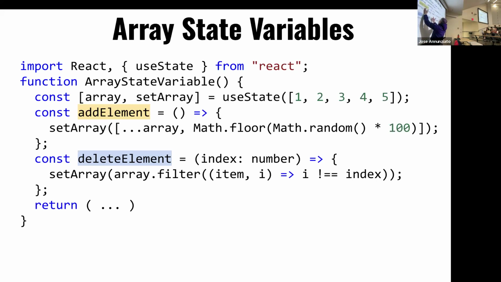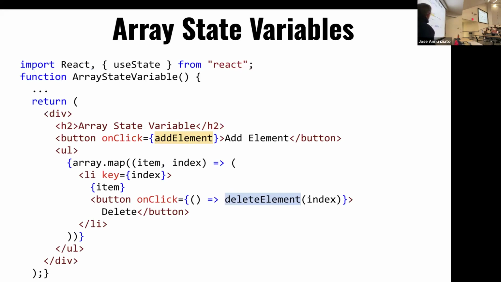I am copying over all the values 1 through 5, comma, and then I am randomly picking a number, right, from 0 to 100. Okay, so I am randomly appending a value at the end of the array, and since the state changed, right, it will go ahead and re-render.